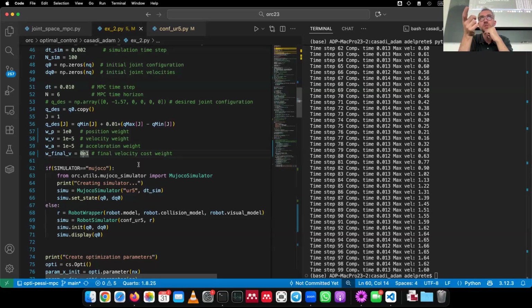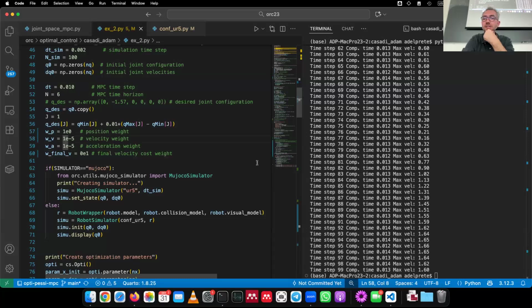Or were you talking about the constraints on the velocities? Just said that they're zero, but we first want to reach the target and then we consider how fast we are reaching it. Okay. And then we'll take the weight lower on the acceleration.